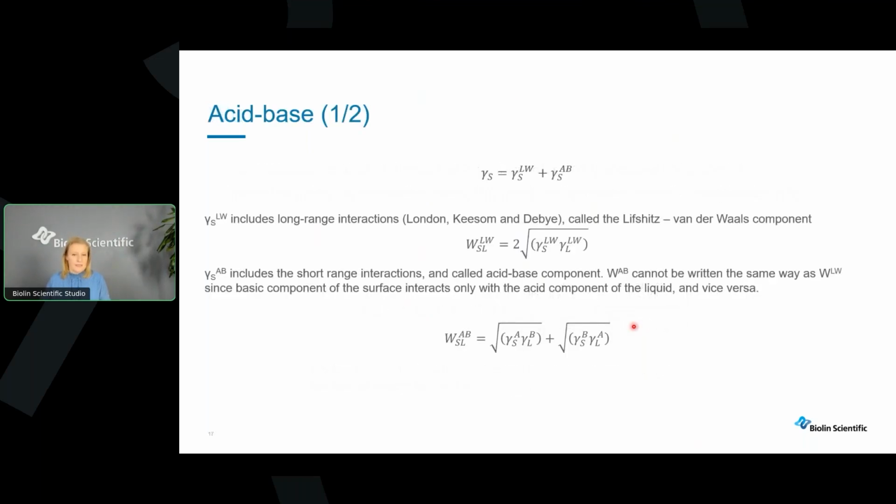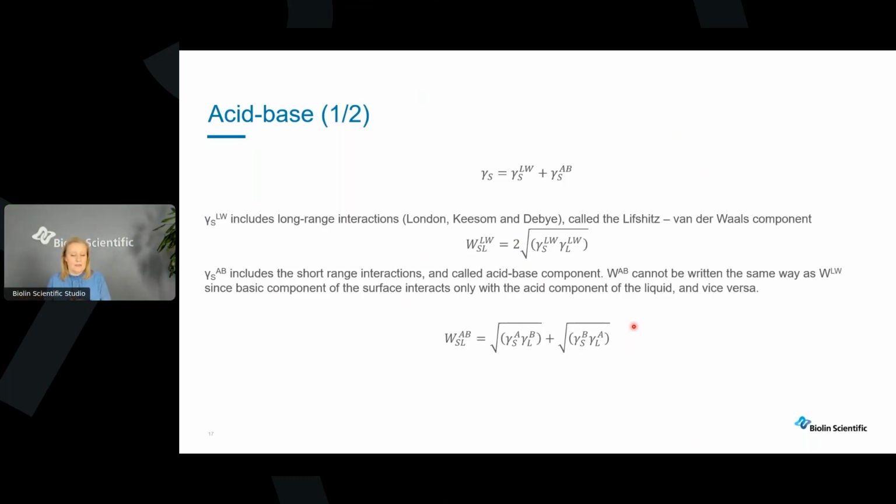Then I think this is the last method that I'm going to mention, and this is called the acid and base method. This one basically continues this interaction theory, in the sense that it has the same dispersive part, so that's kept the same, but then it divides the polar part into acid and base components.